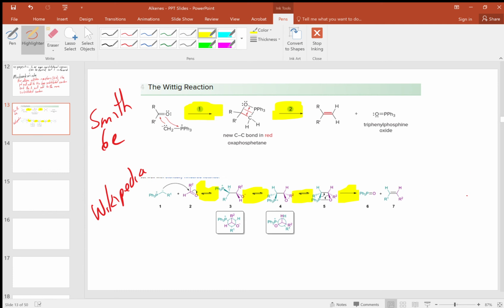Well, this is a mechanism that's still being studied. The mechanism that's in our textbook is the one that's most likely to be correct. But it's not 100% certain. And so mechanisms are theories. We can always come up with more evidence to support a mechanism, but we can never 100% prove a mechanism.